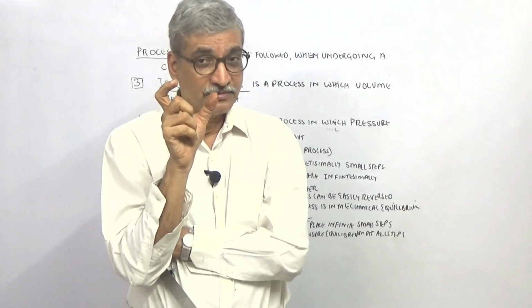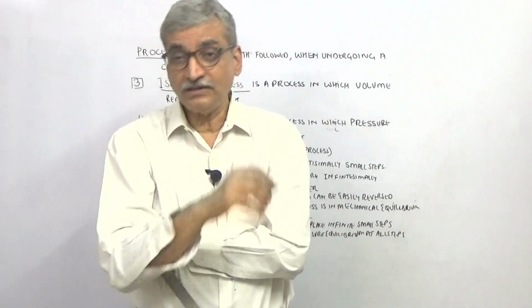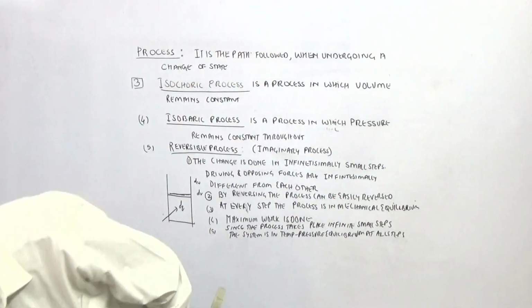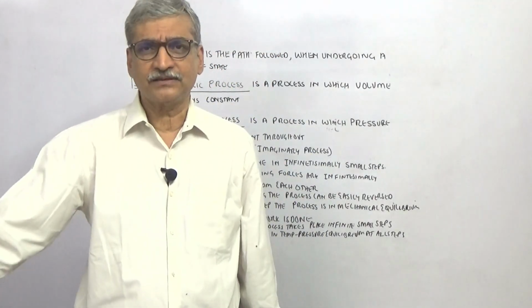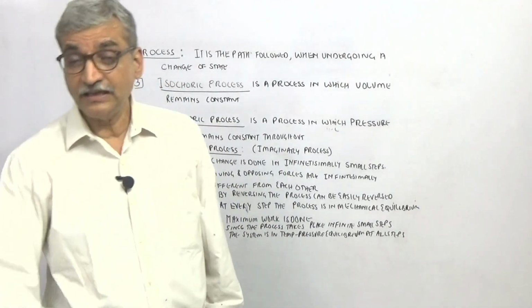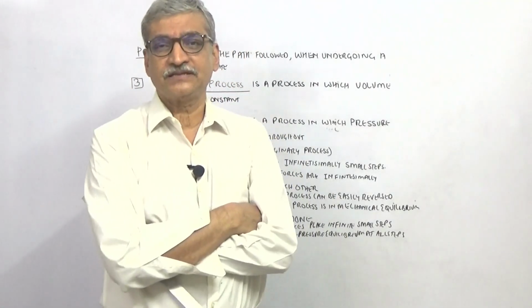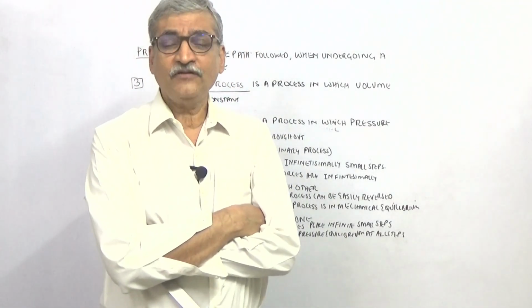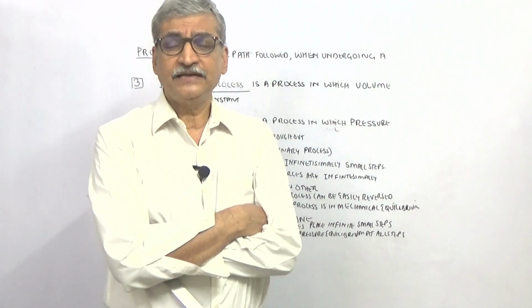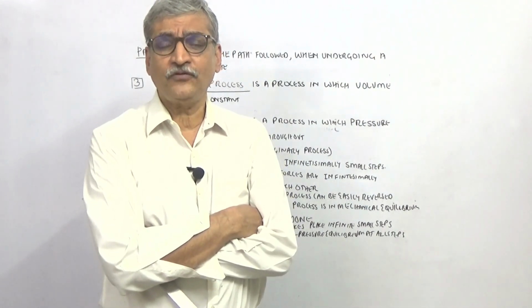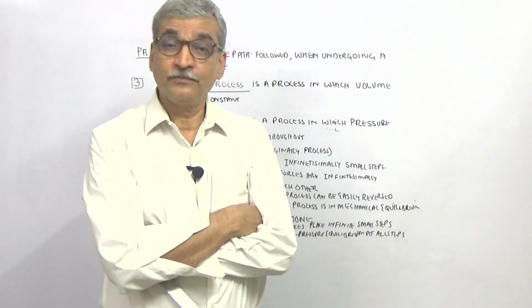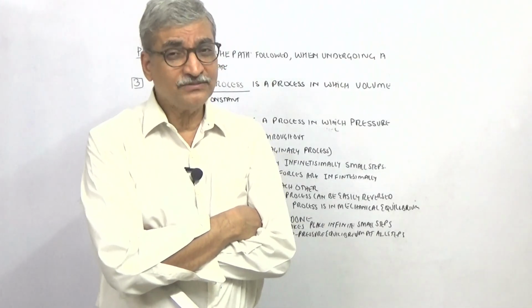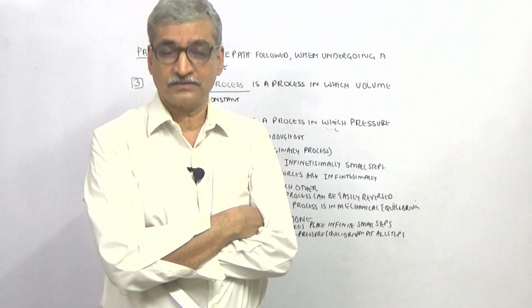Because I told you, heat energy is not completely converted into mechanical work. This is the only thing which is against the law of conservation of energy. In the law of conservation of energy, we said that energy can be converted from one form to the other completely. The exception is heat getting converted into work.